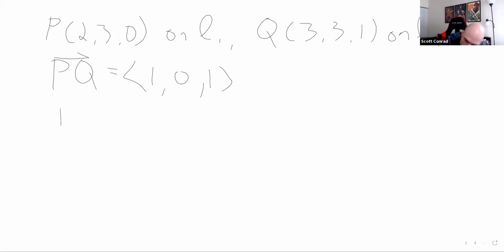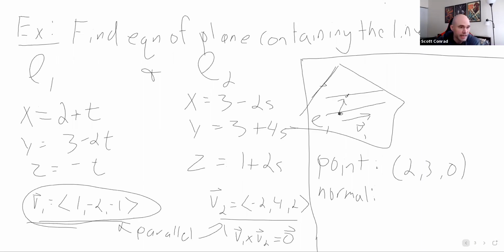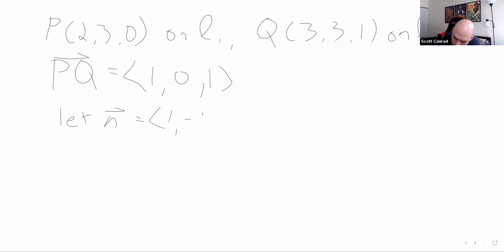So let the normal vector be the cross product of that V1, which we said was 1, negative 2, negative 1, and this PQ, which is 1, 0, 1. And we'll get something which is non-zero, thankfully. When we take the cross product, let me do this real quick.